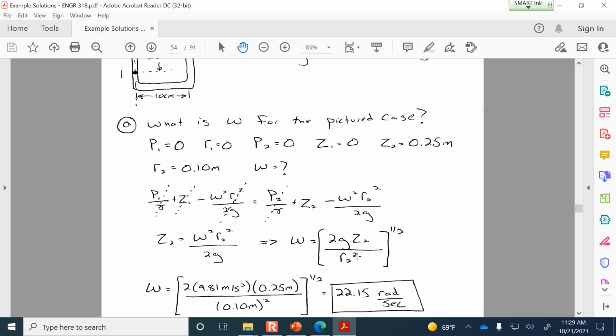The fluid properties, it's interesting, the fluid properties are all canceled out. Here, where we're solving for omega, the unit weight of the fluid is no longer in the equation.